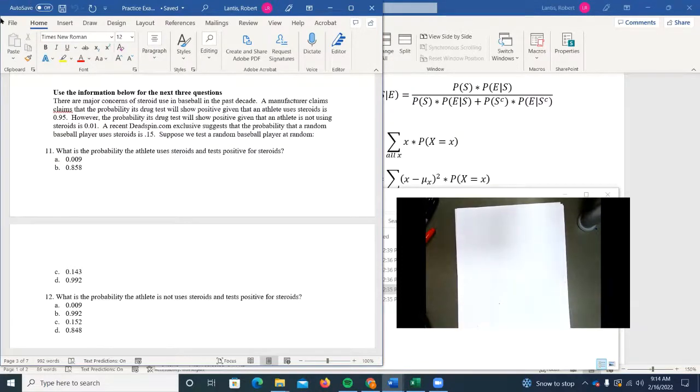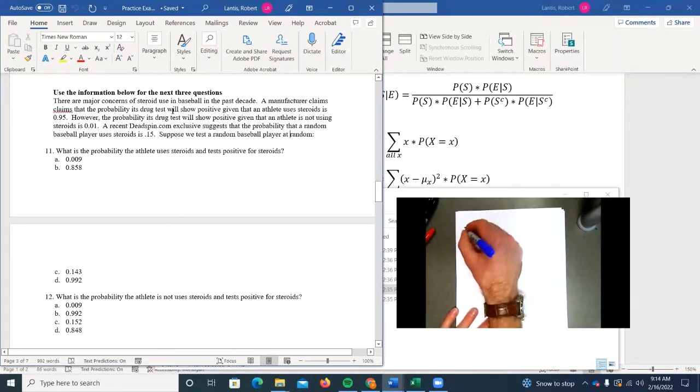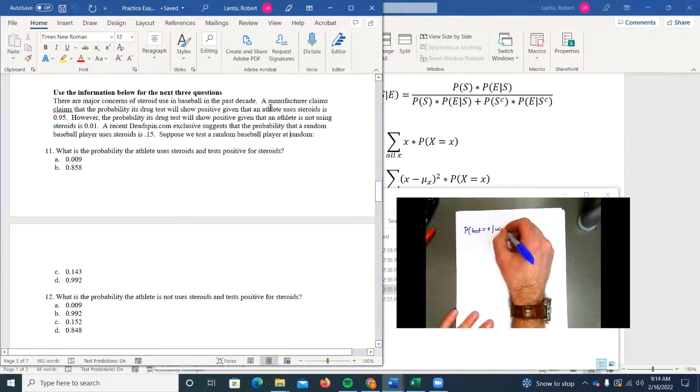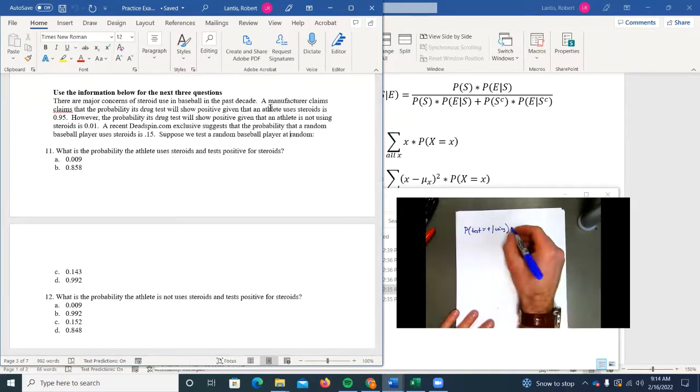So here, the probability that the test shows positive given that the athlete is using steroids is 0.95.